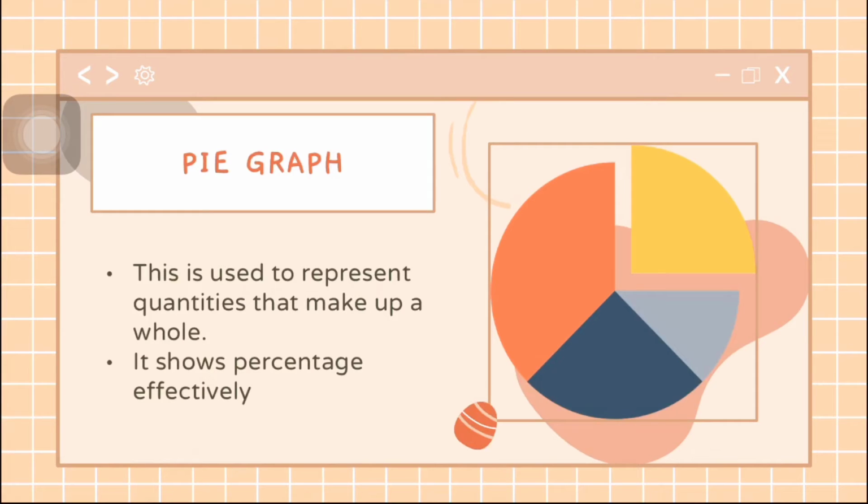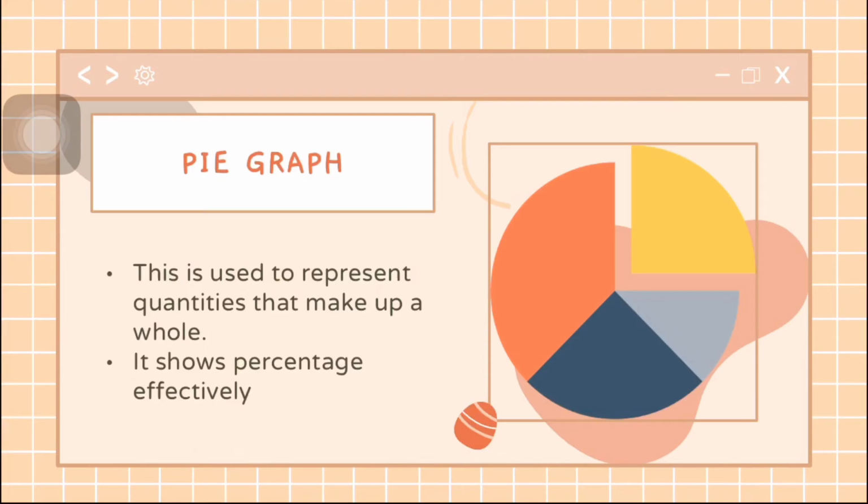So the next is the pie graph. A pie graph is used to represent quantities that make up a whole, and it shows percentage effectively. It is a circular diagram cut into subdivisions. The whole size of a pie graph is 360 degrees. The size of each section indicates the proportion of each component part of the whole.